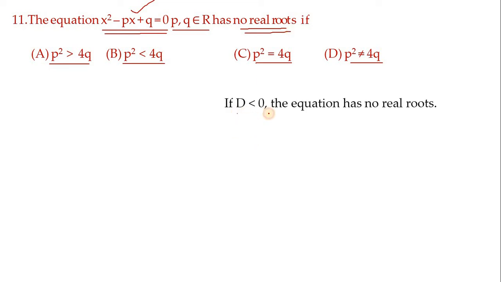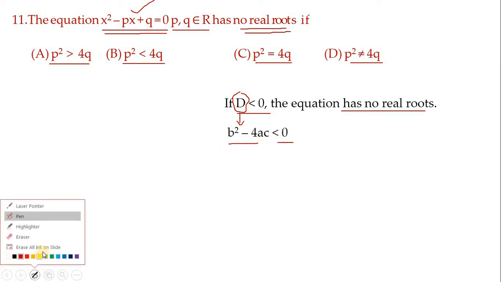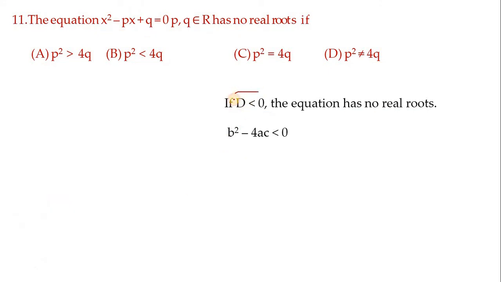If D is less than 0, the equation has no real roots. Now what is the D finding formula? That is b square minus 4ac. In this place you write b square minus 4ac is less than 0. Children, I repeat again, why I have written D less than 0: because here we have to find the answer when this equation does not have real roots.